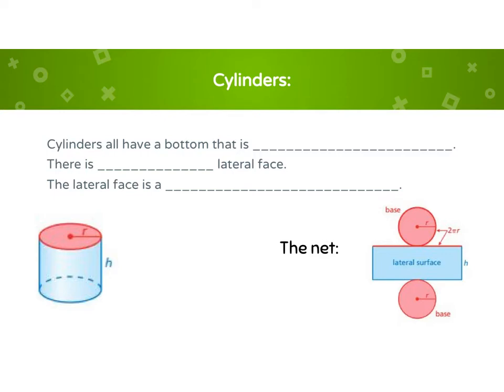So cylinders all have a bottom that is circular. And there is one lateral face. The lateral face is a rectangle.